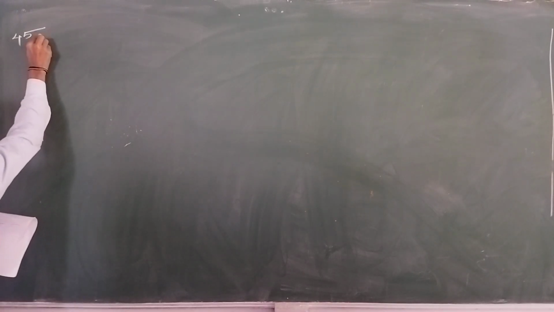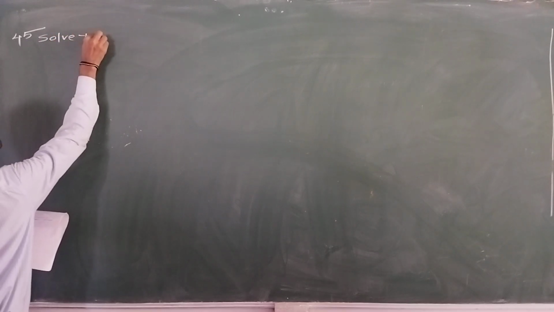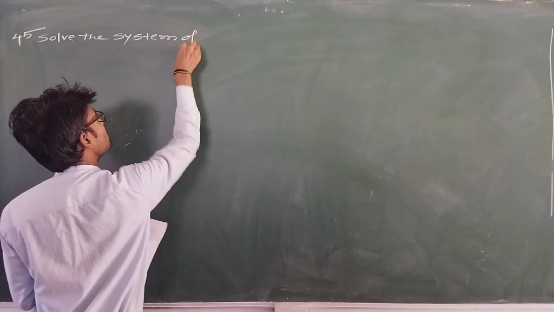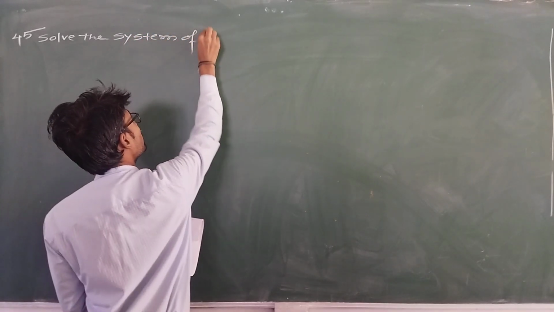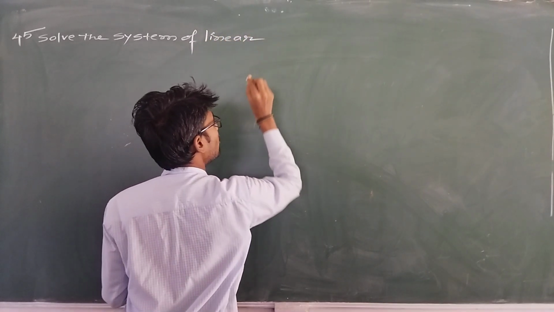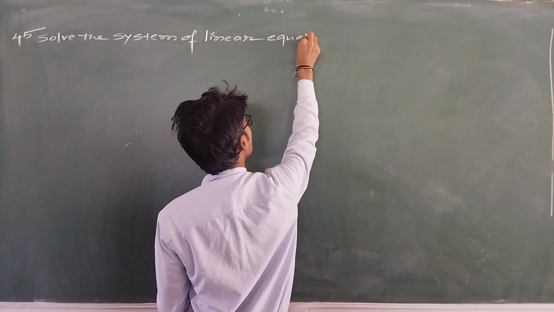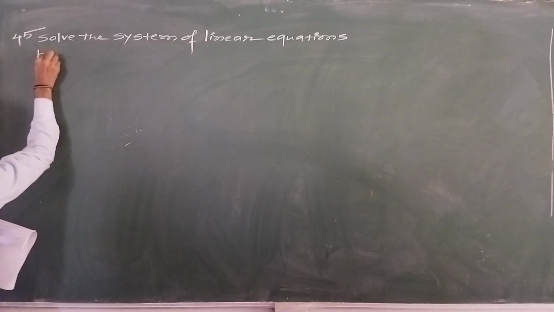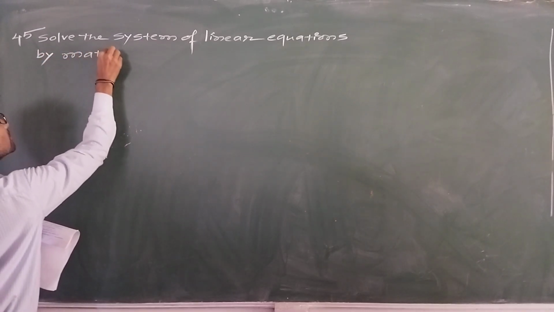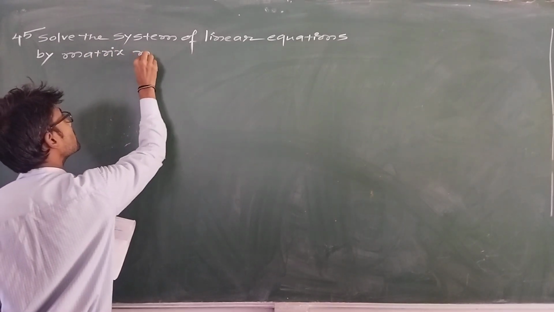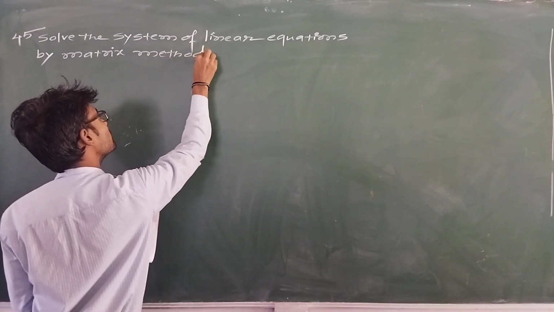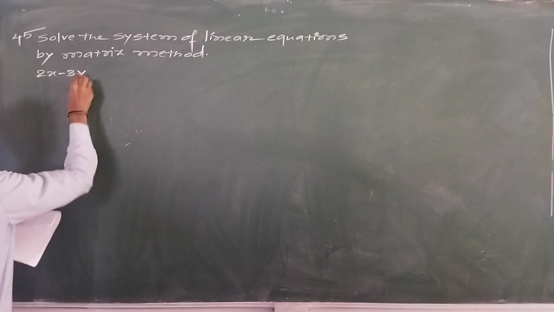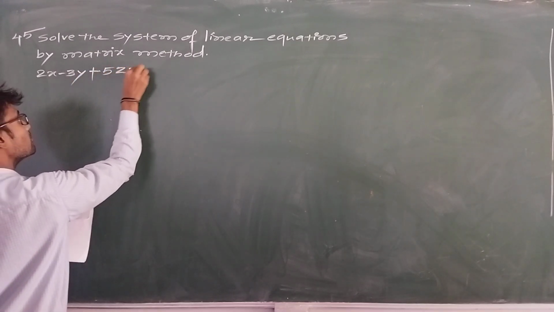Example: Solve the system of linear equations by matrix method. 2x minus 3y plus 5z is equal to 11.